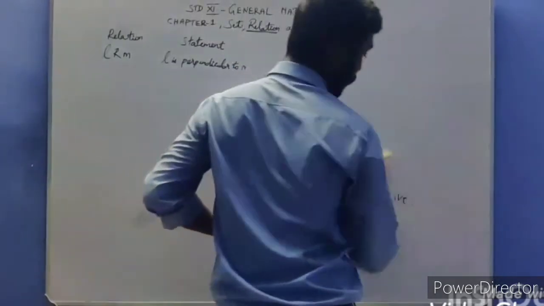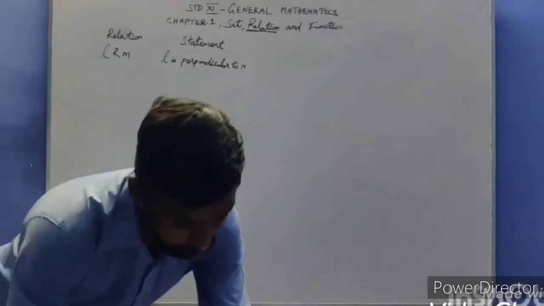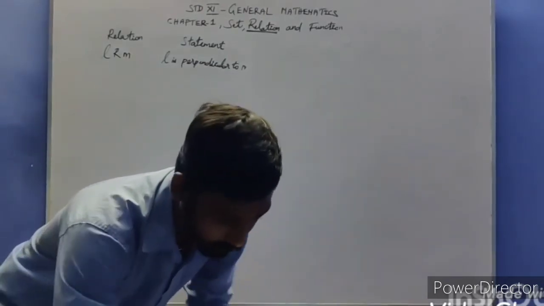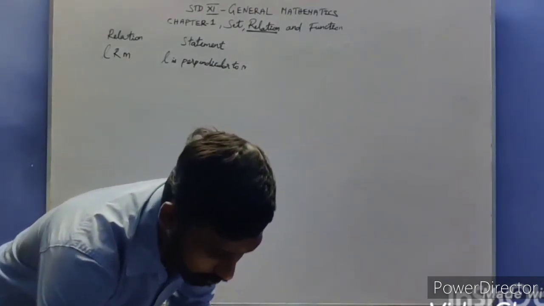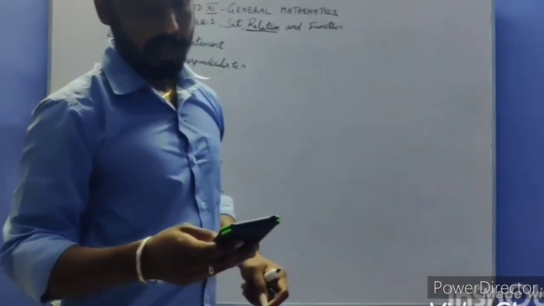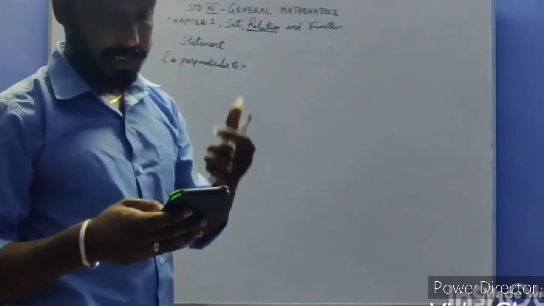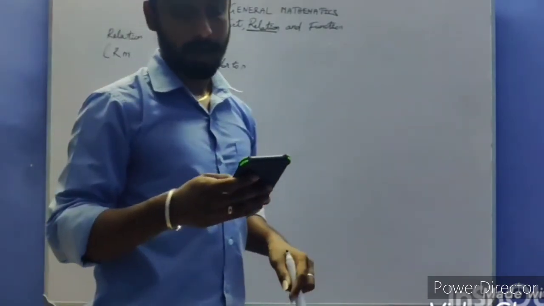The third sum has the same procedure. What is the question given here? Let's read the question. Let A be the set consisting of all members of a family.